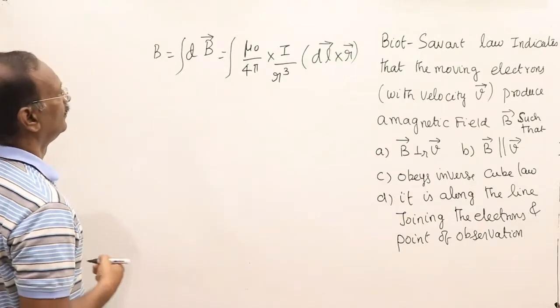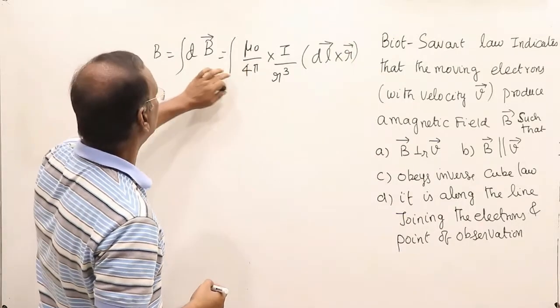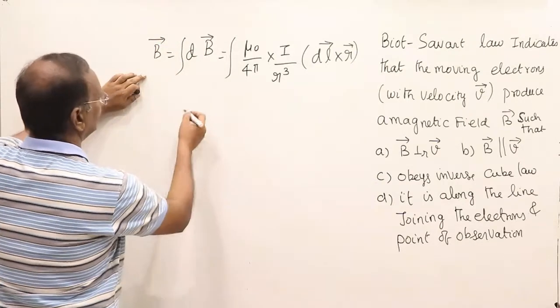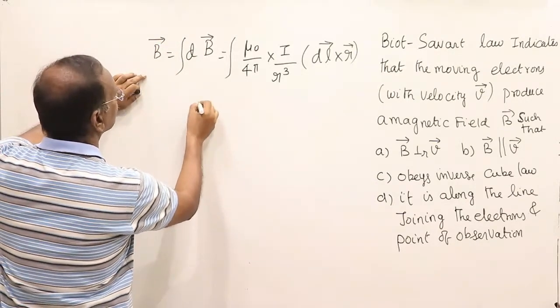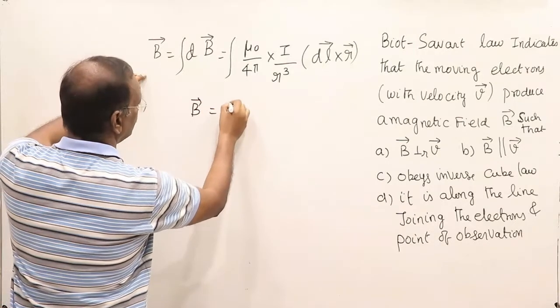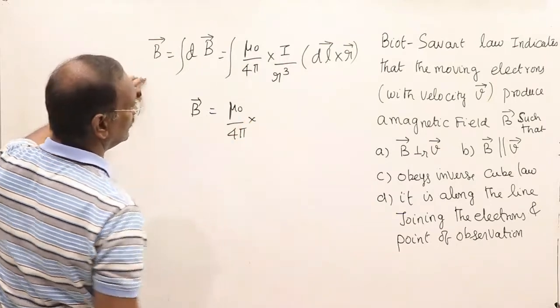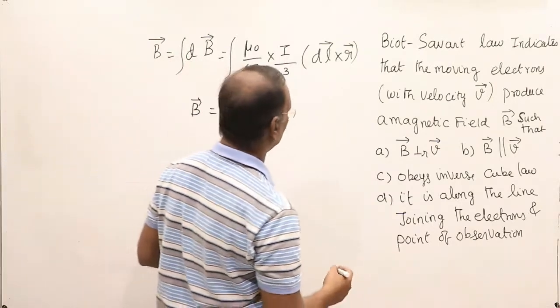This is the law in vector form, that is the B vector. Or we can write the B vector by taking mu naught by 4 pi outside.